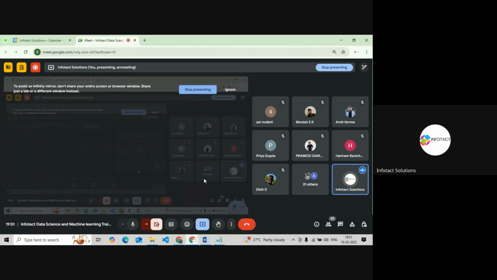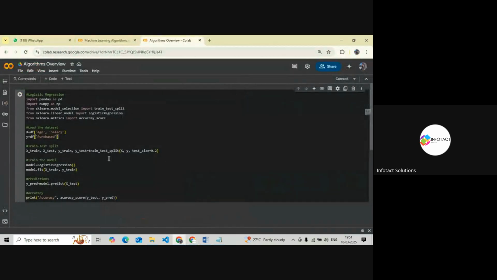Scikit-learn provides easy to use machine learning models, such as quickly splitting the data into train and test sets. From sklearn.model_selection we are importing train_test_split, and we do X_train, X_test, y_train, y_test equals train_test_split X, y with test size 0.2. This is roughly how we apply logistic regression in machine learning. This way linear regression, multiple linear regression, polynomial regression, all those need to be performed.